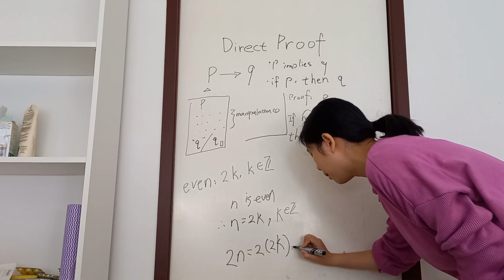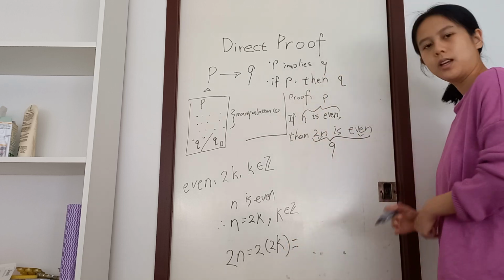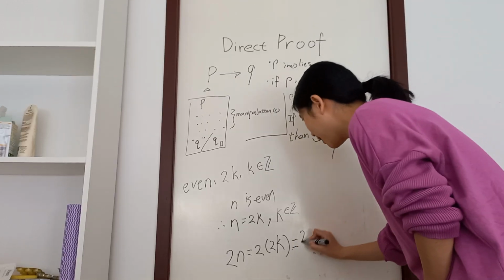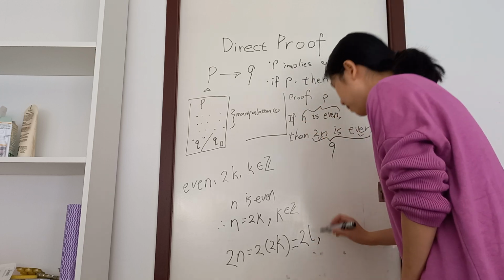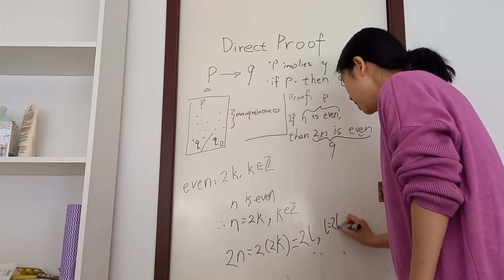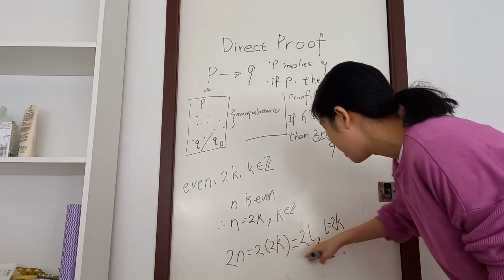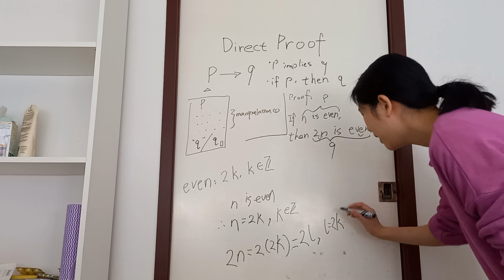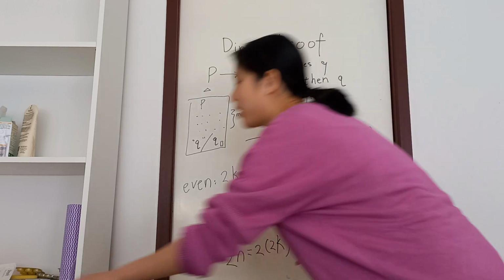So we could rename this 2k as L, so that we know L is 2k. K is an integer, so 2k is an integer as well. Sorry, I don't need that.